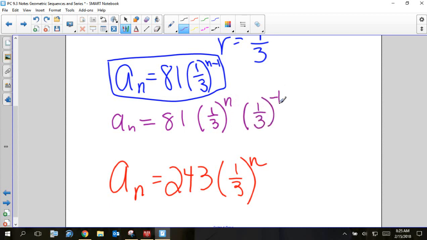You have rules in math that say, if you're multiplying bases that are the same, what do you do to their exponent?